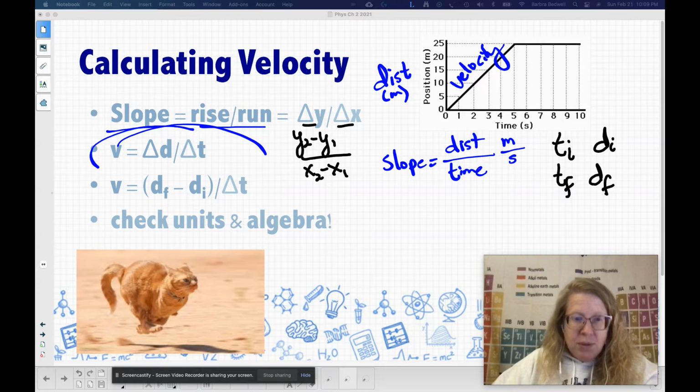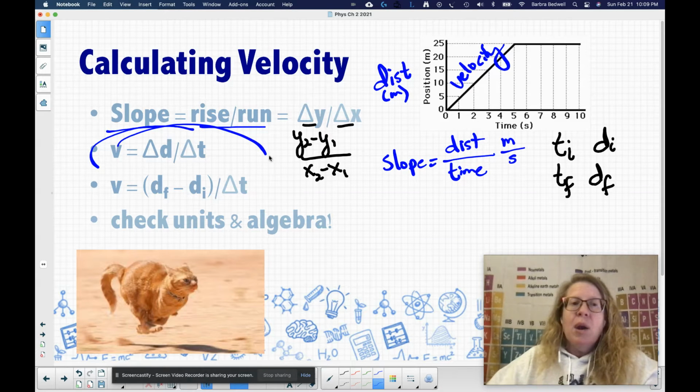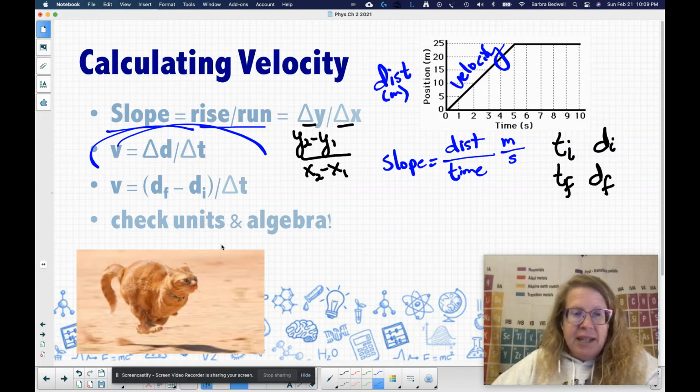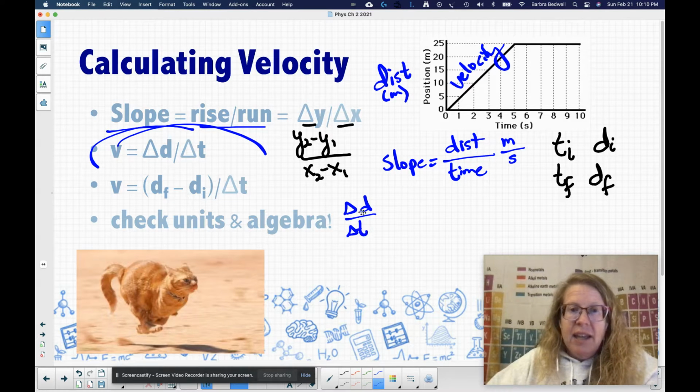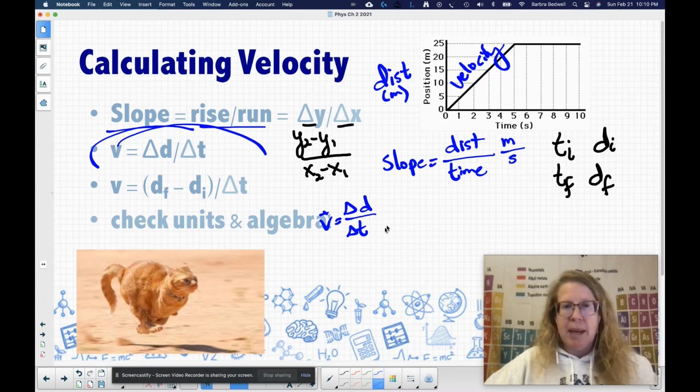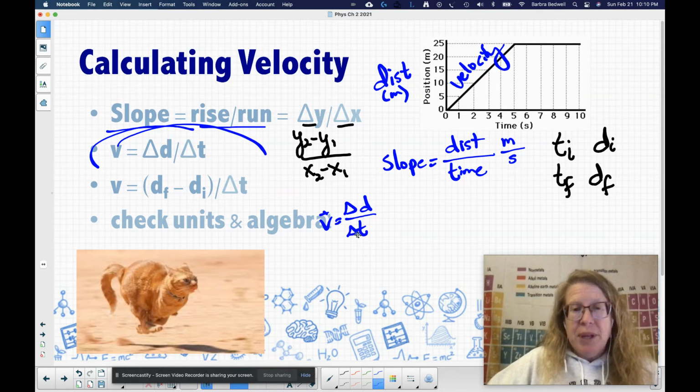So as we use these particular equations, a lot of times we see them presented in some kind of funky different ways. So if we have delta d over delta t, the change in distance over the change in time equals velocity. And I put this is a vector, so it's got a little vector arrow over the top of it. There's a bunch of different ways we can write this.